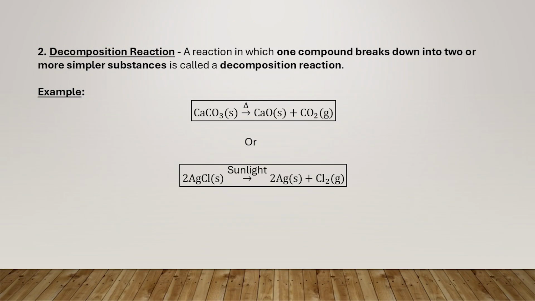Decomposition reaction: a reaction in which one compound breaks down into two or more simpler substances is called a decomposition reaction. Example: CaCO3(s) → CaO(s) + CO2(g), or 2AgCl(s) →(sunlight) 2Ag(s) + Cl2(g).